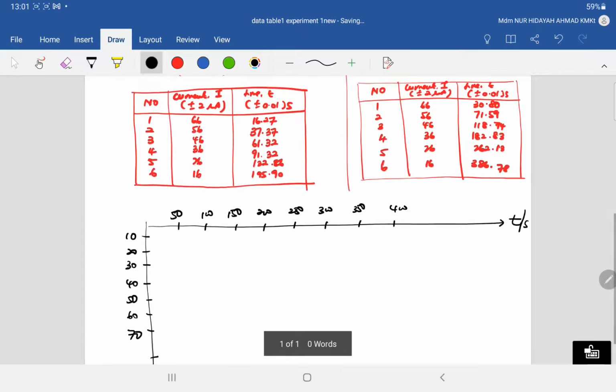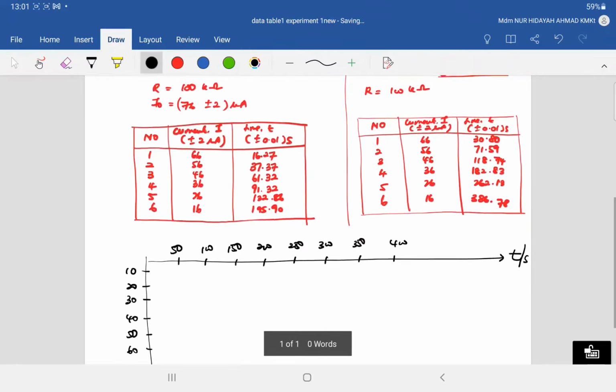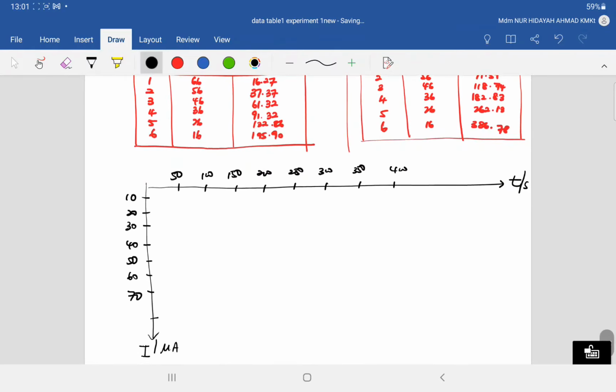For table number 1, we plot the points. The maximum current is 76 microamperes, and it is here.